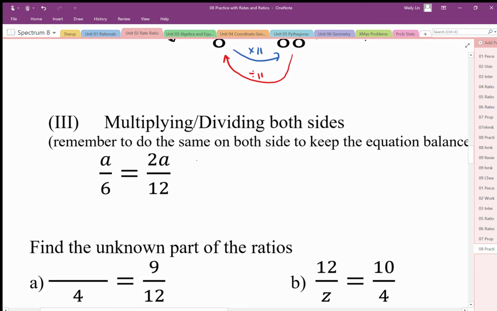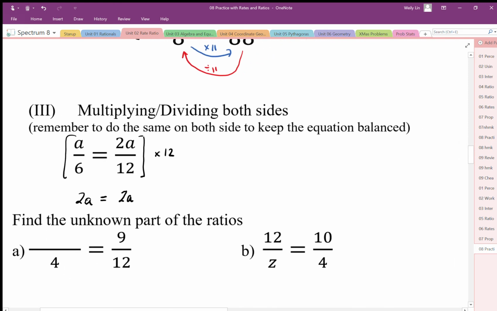So if I multiply this whole equation by 12, times 12 divide 12 will undo each other, so I get 2a on this side, and I get times 12a divide by 6 gives me the 2a, and we can show that they are equivalent to get the same result. And we can show that these are equivalent proportions.